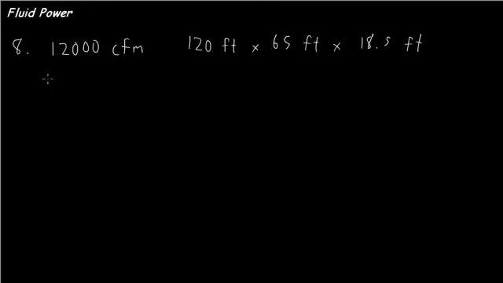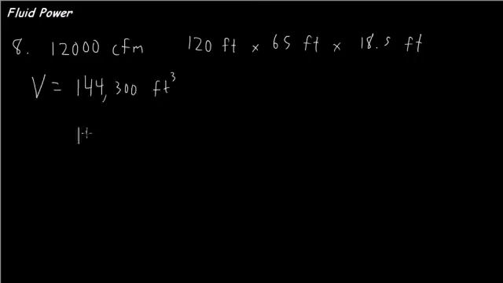So first step is find the volume of the room, and we just multiply those dimensions, and I get 144,300 cubic feet. Now I'm changing air at this rate, so I can figure out how long it takes to replace all this air with new air.